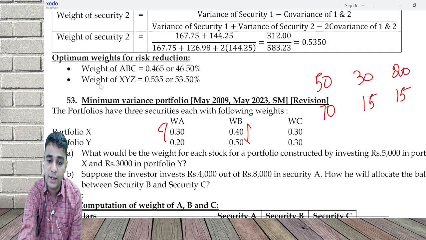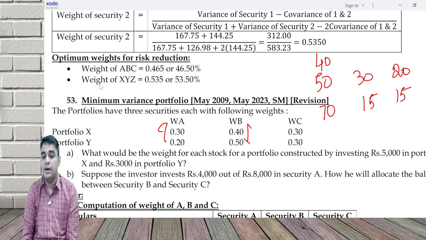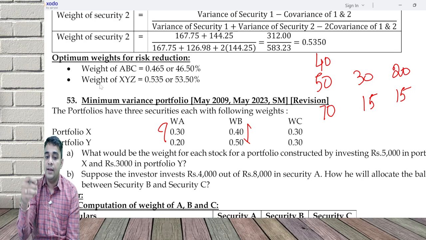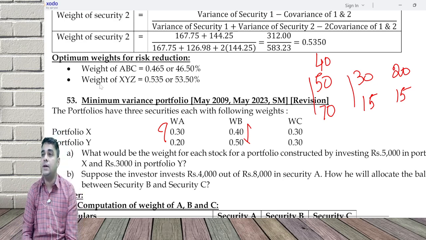For example, I want to bring this down to 40. Tell me what will be the weight of the second security. 37.5. Why 37.5? Because I've reduced it only by 10. There, for a 20 reduction, 15 was the increase.